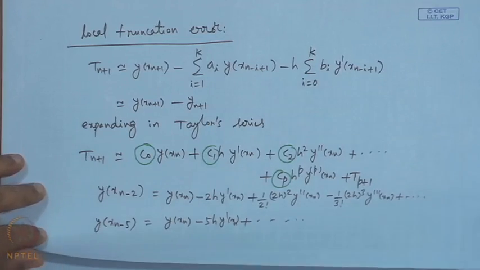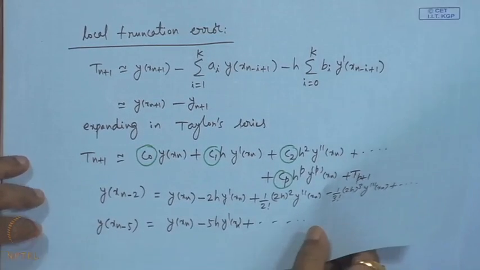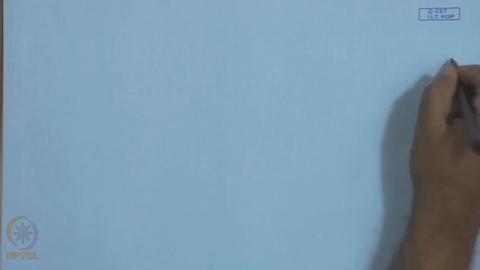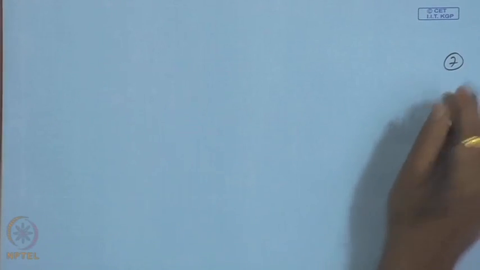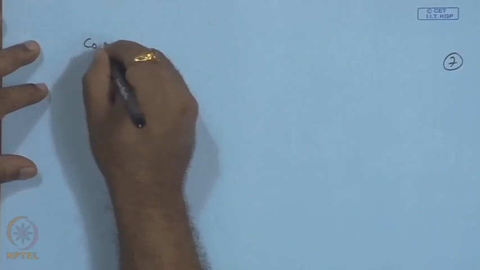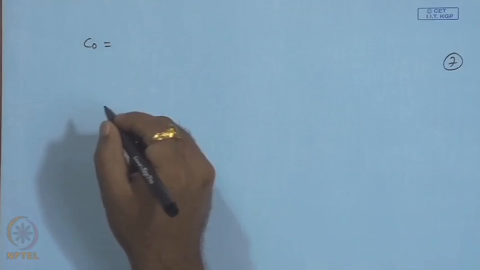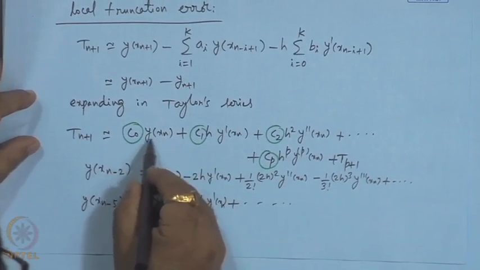Okay. So, this can be done as follows. Okay. C 0, what is C 0? Coefficient of y of x n.